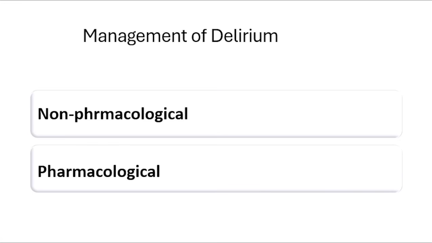You use it only to reduce harm. It's just harm reduction. It does not alter the course of delirium. It does not shorten the course of delirium. It does not treat the cause of delirium.